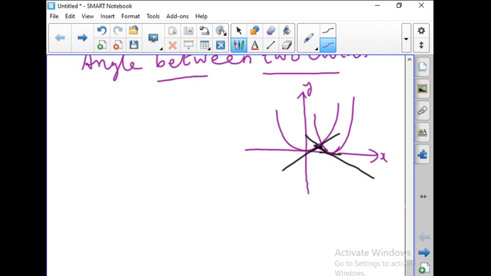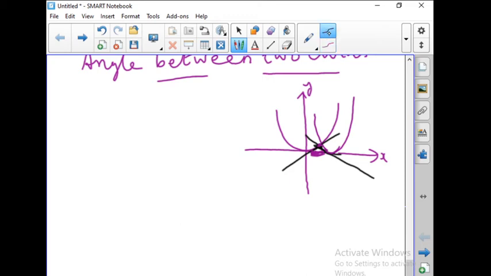The tangents intersect at the point of intersection of the curves. So the angle between the two curves is the angle between the tangents. So this angle gives us the angle between the two curves.